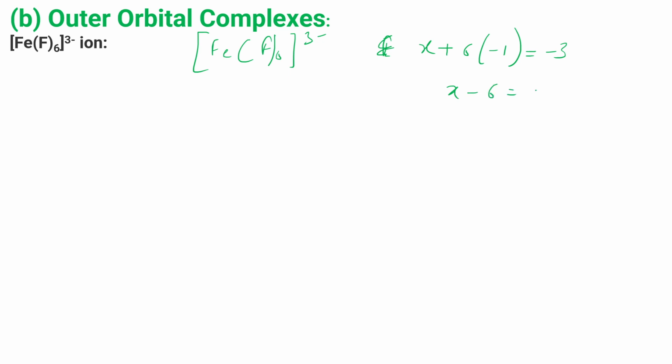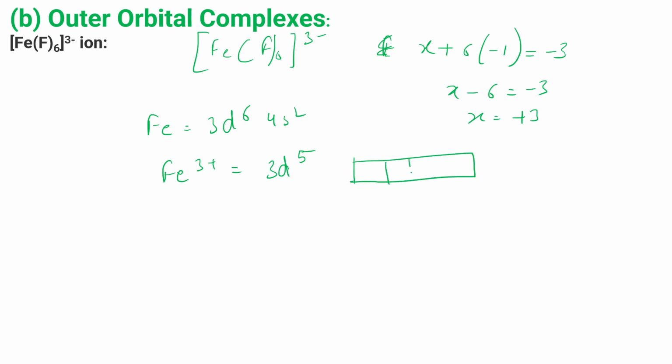So x minus 6 equals minus 3, and x is equal to plus 3 oxidation state. Iron has an electronic configuration of 3d6 4s2. Iron 3+ will have an electronic configuration of 3d5. So how will the electrons be filled in iron 3+? 1, 2, 3, 4, 5.